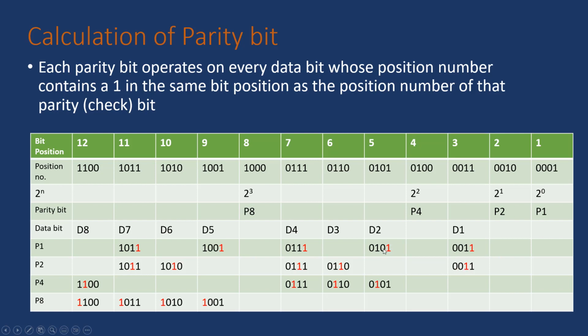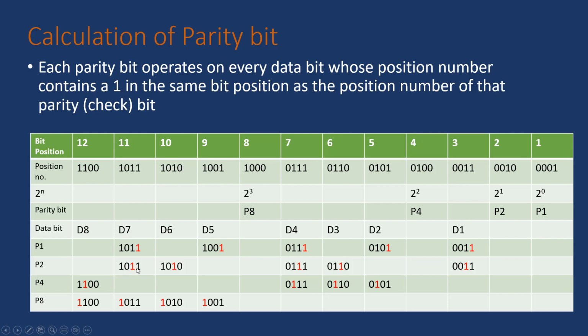But the data 2 second position is 0, so skip this one. The data 3 has second position 1, that is 6, keep this one. 7 has 1, keep this one. Here 5 is 0, so we skip this one. Position 10, data 6 has 1, so we keep this one. So parity bit 2 is going to calculate data 1, data 3, data 4, data 6, data 7.